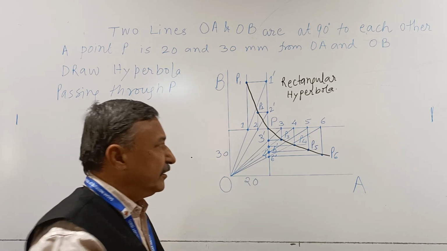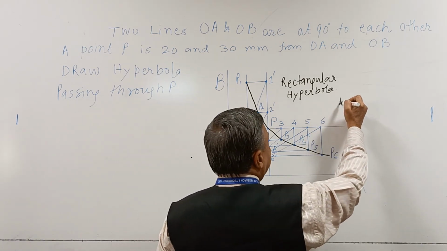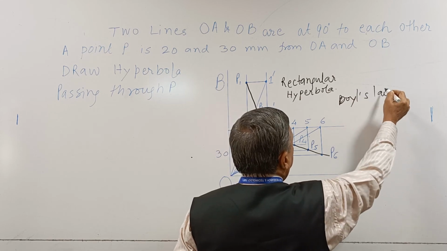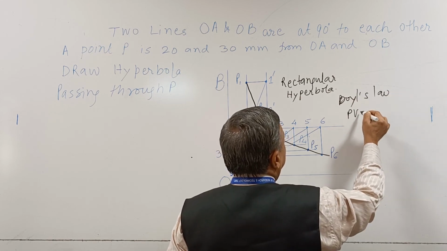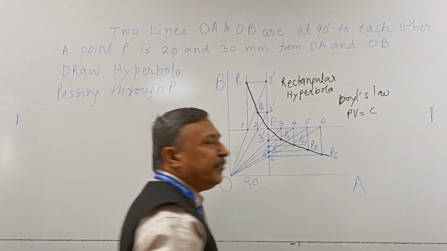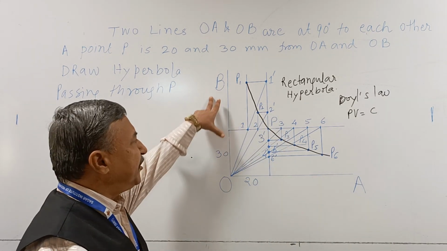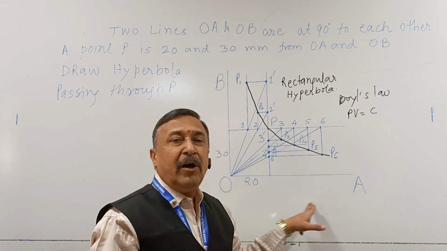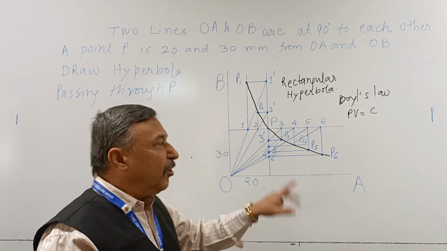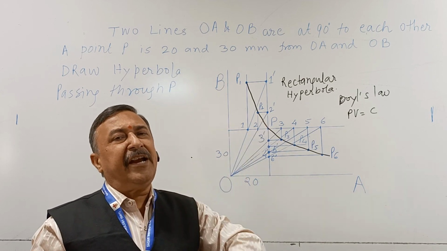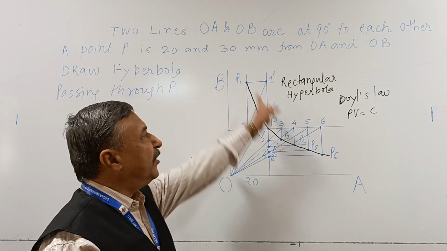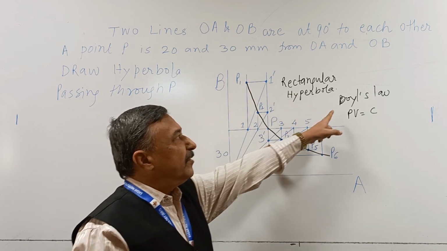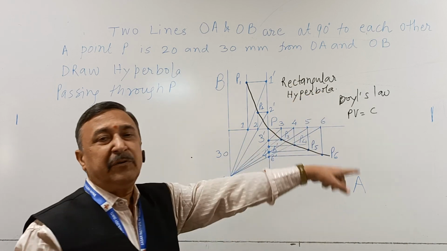Now see here, if you know Boyle's law, that is PV is equal to constant. If we mark pressure on this axis and volume on this axis, and we know only one point, one pressure and one volume, then we can draw this curve, and this curve represents Boyle's law, PV equal to constant.